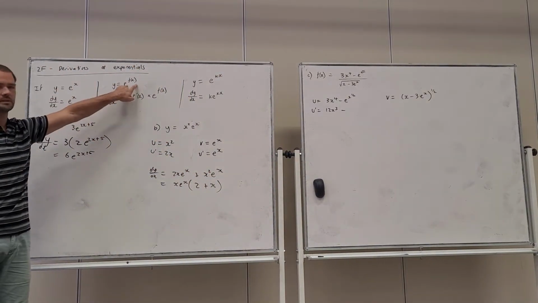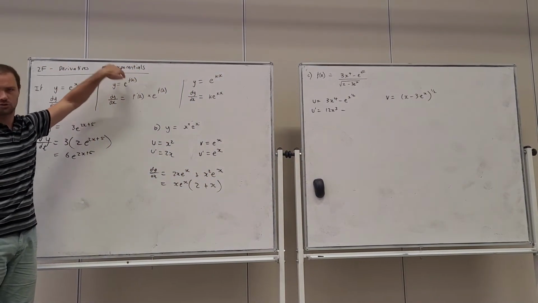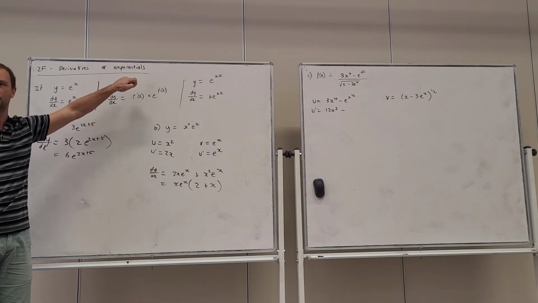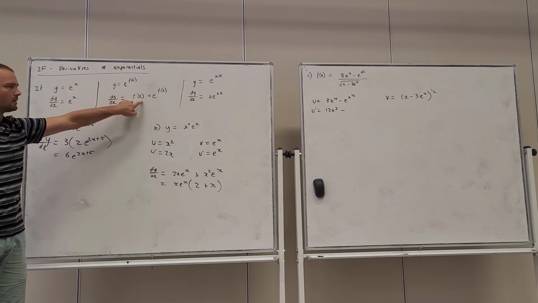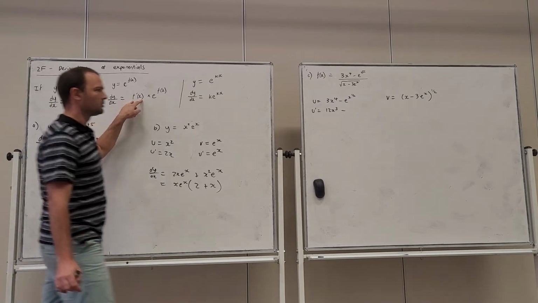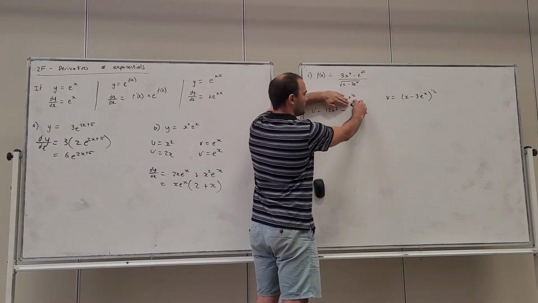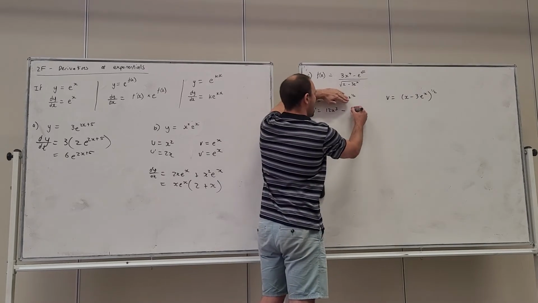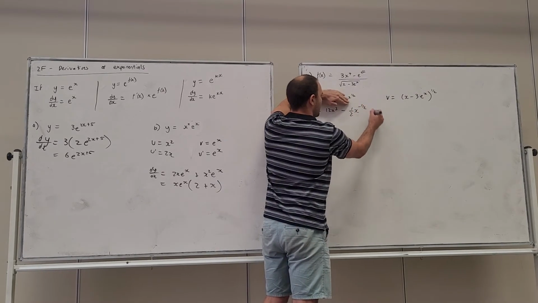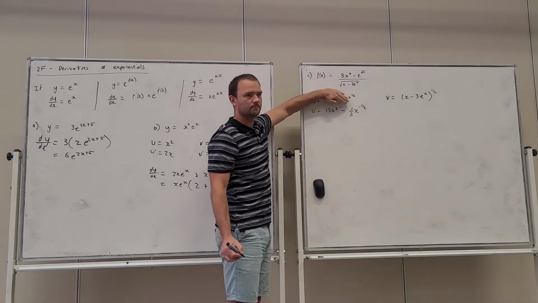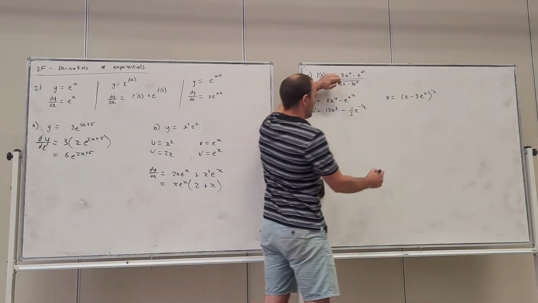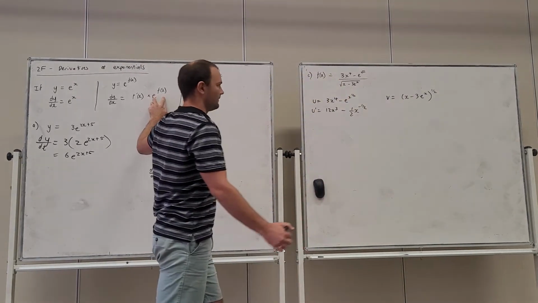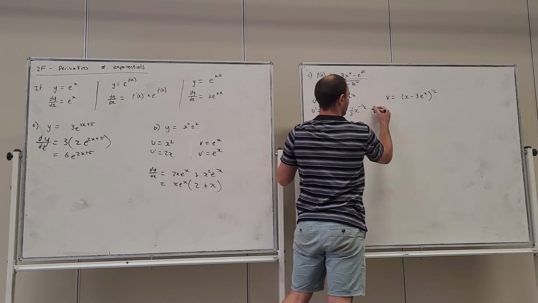We have to use this one because it's e to some function where the function is x to the half. So that means the first thing I need is the derivative of the power. If I have x to the half, what's the derivative of x to the half? Half x to the minus half. Okay? And then we just have e to the f of x. This part stays the same.